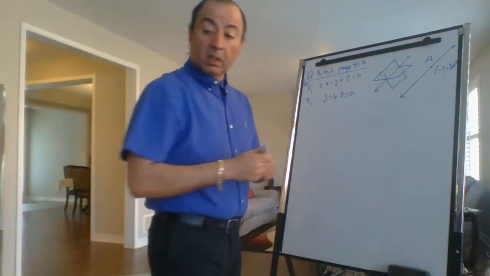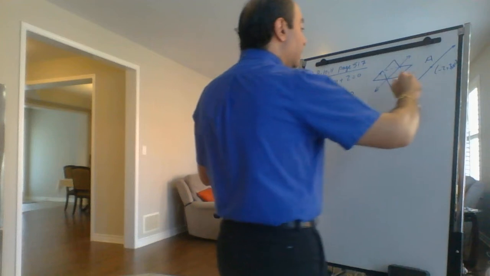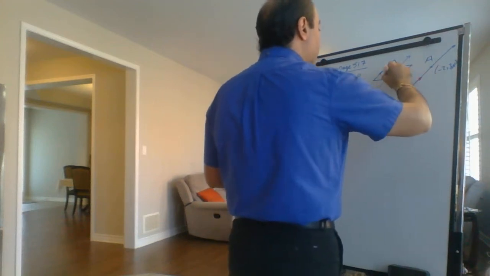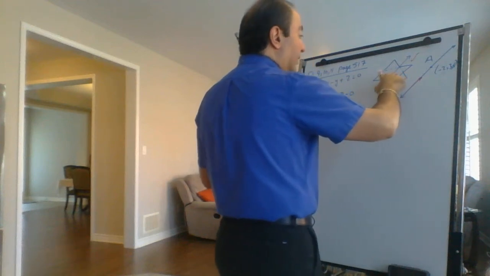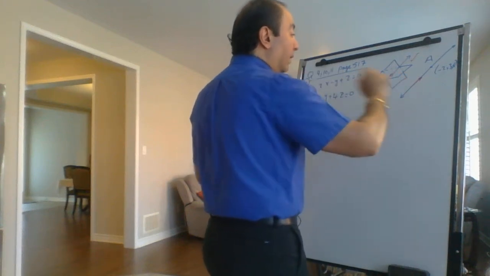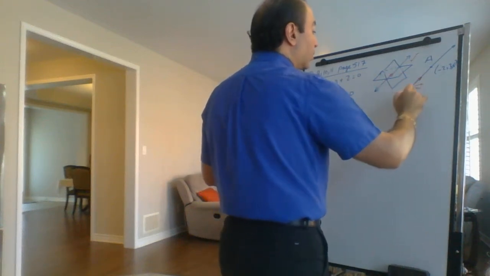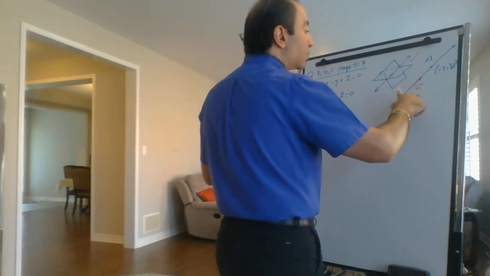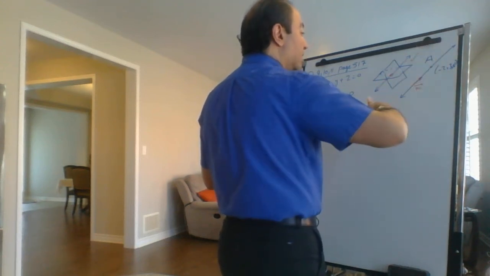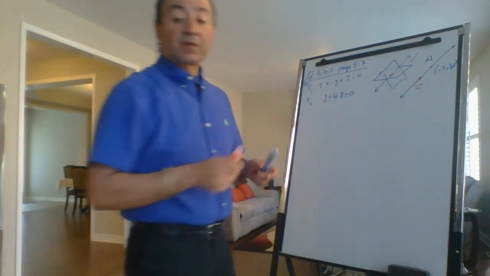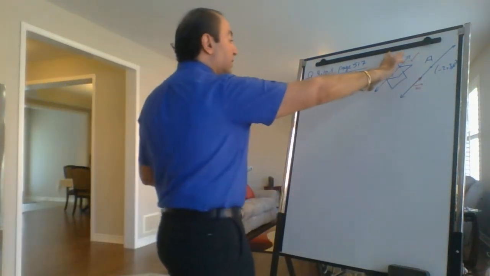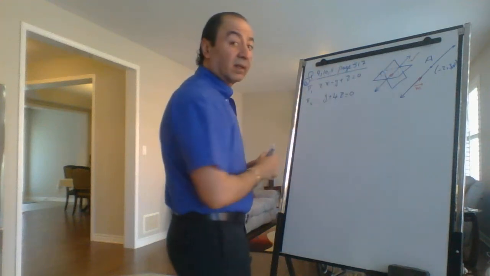So we know that parallel line has the same direction vector. So if I get the equation of this line, I will know the direction vector of this line as well, and I can find the equation of this line because I know direction vector and the point. So the first thing, I need to find the equation of this line so I can get the direction vector.